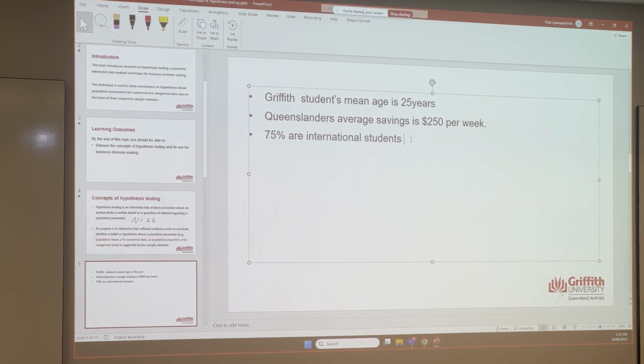Can somebody bring another example? 80% of all Australians got the COVID vaccine.